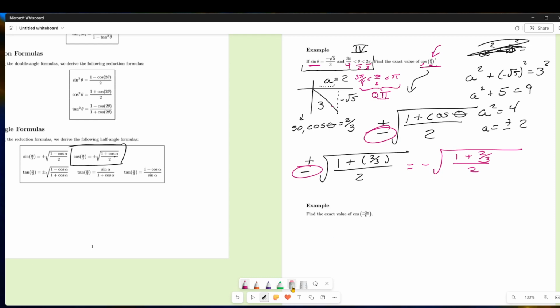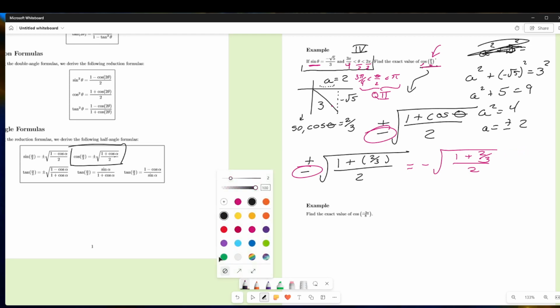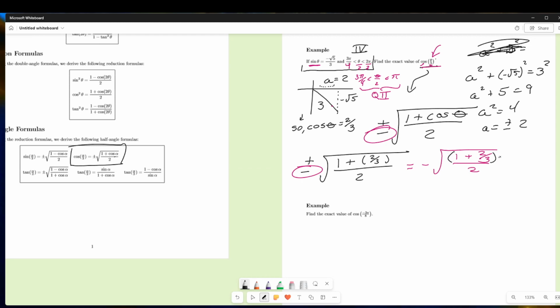And you certainly shouldn't leave it like that. Nobody wants fractions in their fractions. And the best way to get rid of fractions in your fractions, particularly not fractions in your radicals, is to multiply by whatever denominator you want to get rid of. So I want to get rid of that 3, so I'm going to multiply top and bottom by 3.